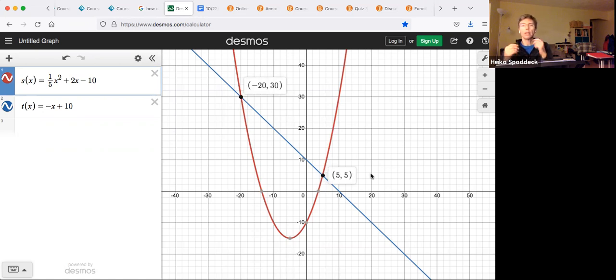And those are my 2 points of intersection. So for A, all you're asked to do is write those 2 points of intersection out. So negative 20, 30, and 5, 5 in this case.